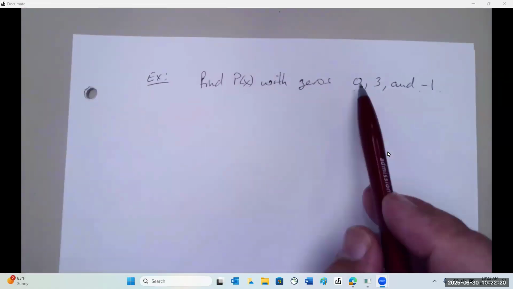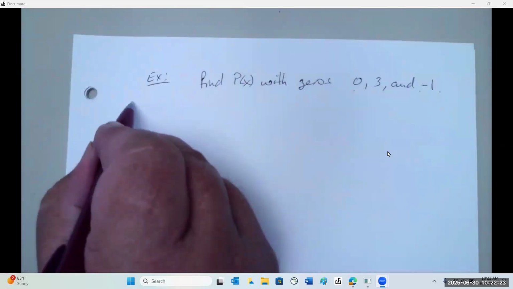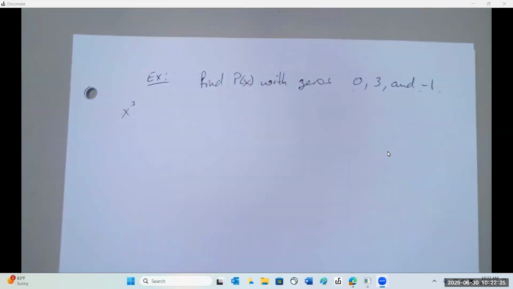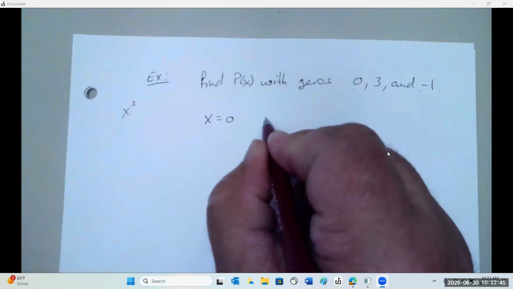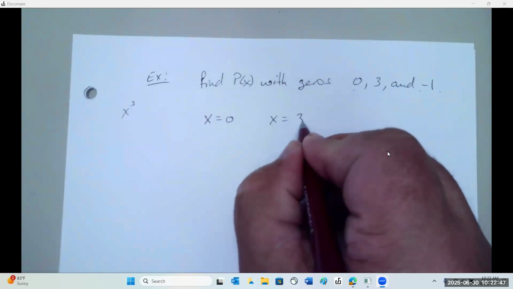Since we have 3 zeros, we know our answer is going to have x to the power 3. And we know the graph will have opposite directions. So what's my first step here? Set all of these equal to x.